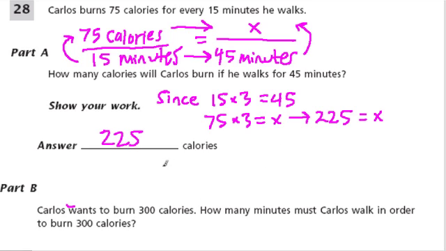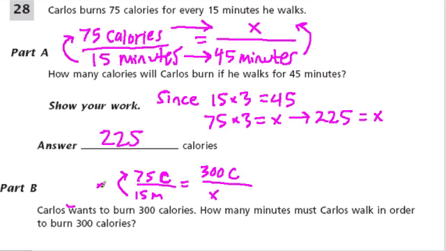Okay, well how do we do that? Well, 75 calories, or 75 C for calories, over 15 minutes is equal to what? Now he wants to burn 300 calories. How many minutes is that going to be? Well, what we knew from before was that 15 times 5 gave us 75.